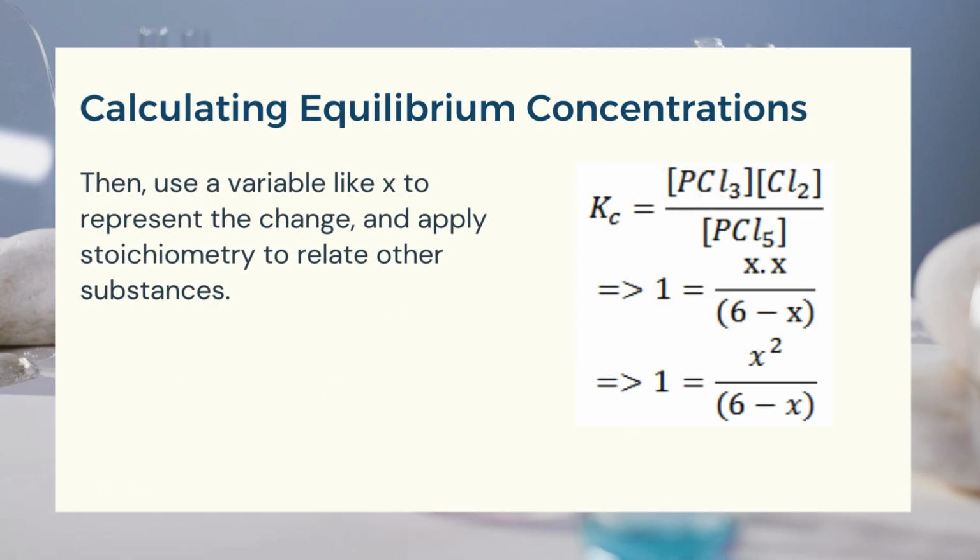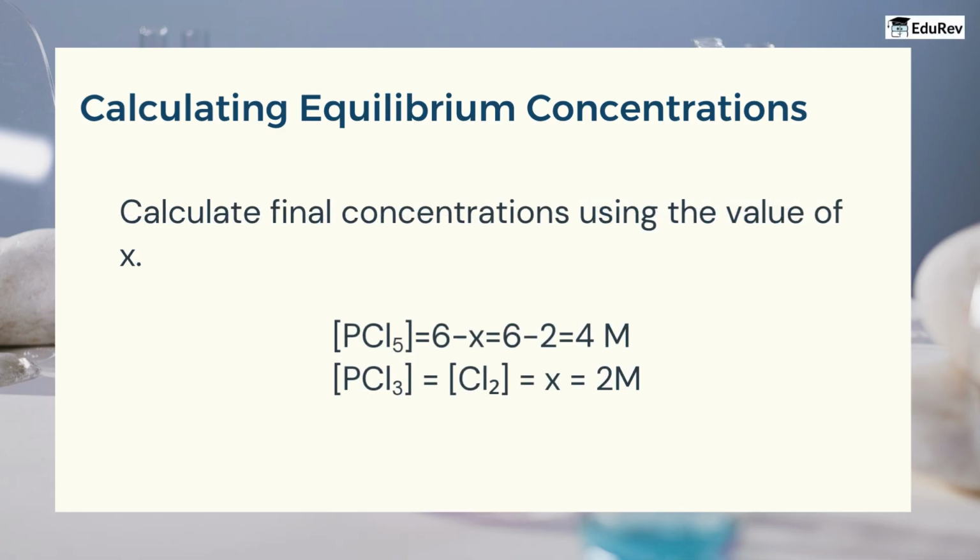Then, use a variable like x to represent the change and apply stoichiometry to relate other substances. Substitute the equilibrium values into the Kc expression. Solve the equation to find x. Calculate final concentrations using the value of x.